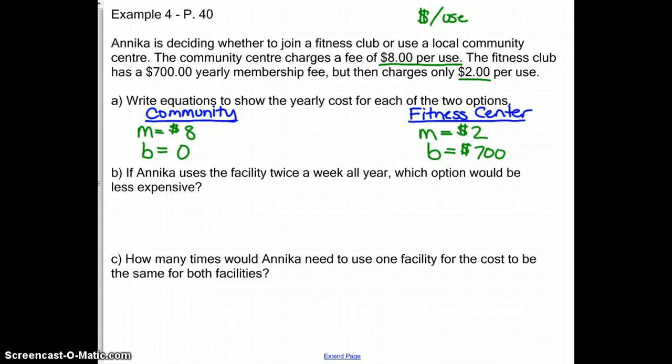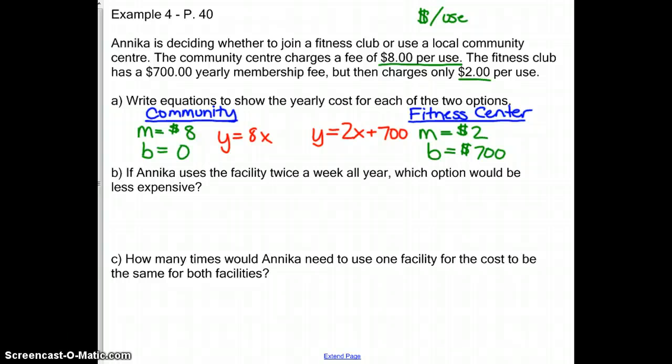Then if we want these to be equations, the equation for this one is y equals mx plus b, where m is 8 and b is 0. So really it's just y equals 8x. Then for your fitness center, y equals mx plus b again, where your m is 2 and your b is 700. So now we have two equations to work with throughout this example.